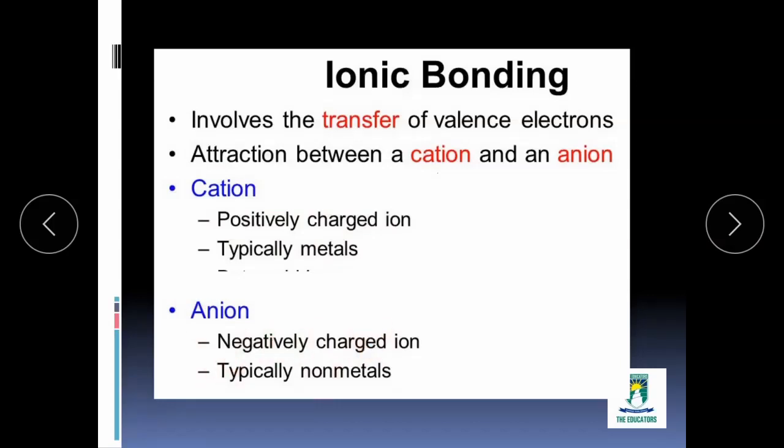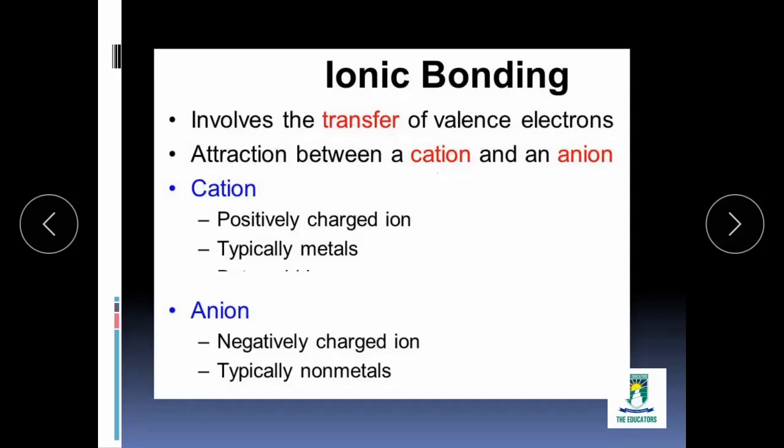So whenever there is an ionic bond, it involves the complete transfer of valence electrons, not the inner electrons. The loss and the gain of electrons will be from the valence shell. Only valence shell electrons will contribute in the transfer of electrons, and usually there will be an attraction between cation and anion.